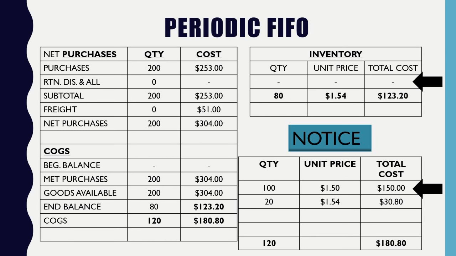So when the next batch of inventory is purchased again, you need to include your beginning inventory, and that's where we're going to fill it out in the little section down here where it says beginning inventory. Also notice, when you're calculating your cost of goods sold, here I have my first 100 batch, and then I have my 20 units left, and here is the breakdown on how I got my cost of goods sold. Okay.